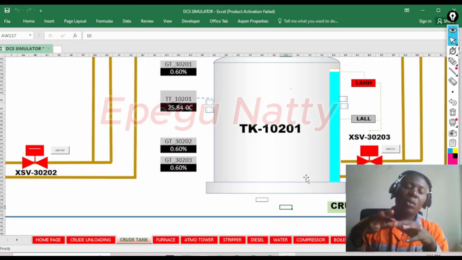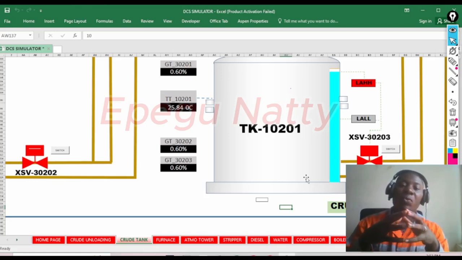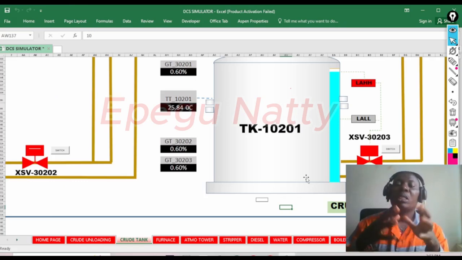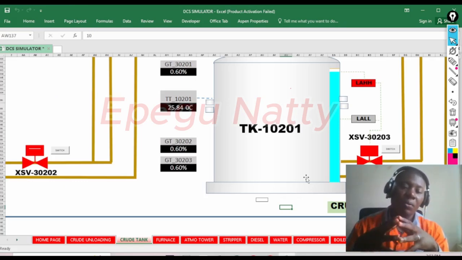What if we got into a low level, and then we want to prevent a pump from running dry, like from sucking everything on the line, and then there's nothing going out? So what are we going to call it? Is it a safe or is it not a safe?